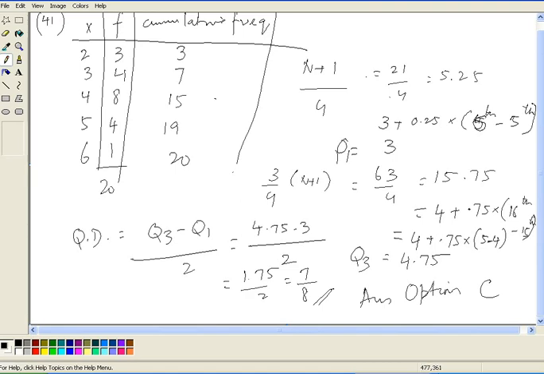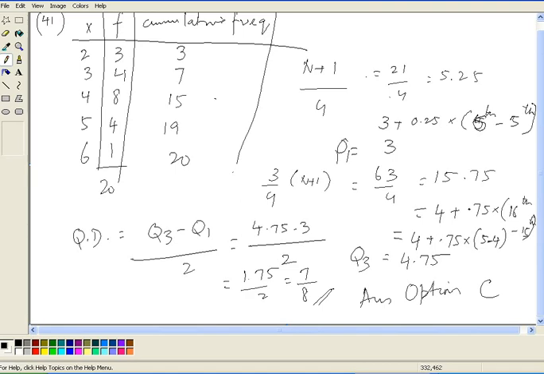On the same lines, 3/4 of n plus 1, which is the third quartile, works out to be 15.75, and the 15th term value is 4 plus 0.75 into 16th term minus 15th term. 16th term is 5, 15th term is 4, so it is 0.75 into 5 minus 4, so the third quartile is 4.75.